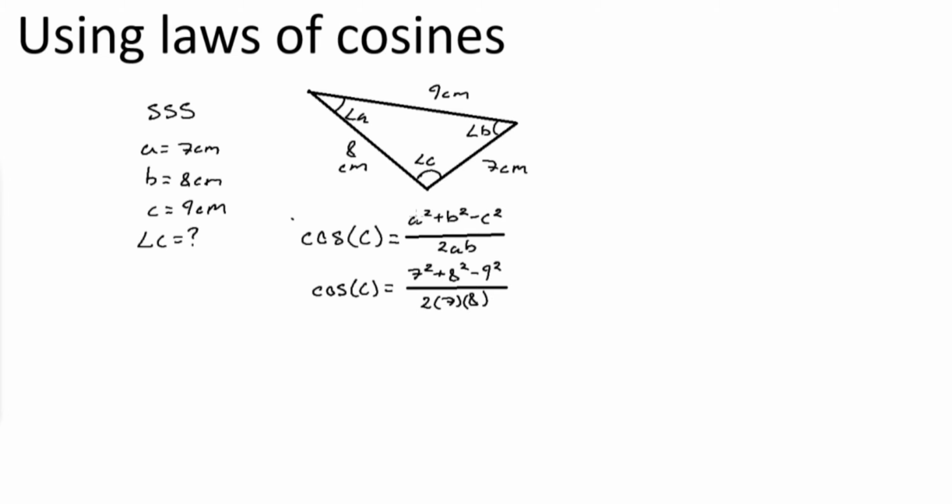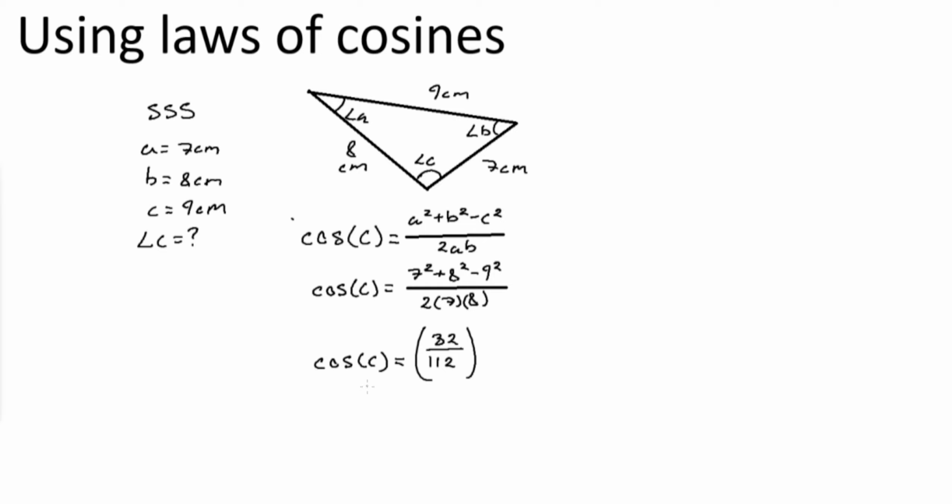Now we simplify: 7 squared plus 8 squared minus 9 squared is equal to 32, and 2 times 7 times 8 is equal to 112. So 32 divided by 112, and this is our ratio.